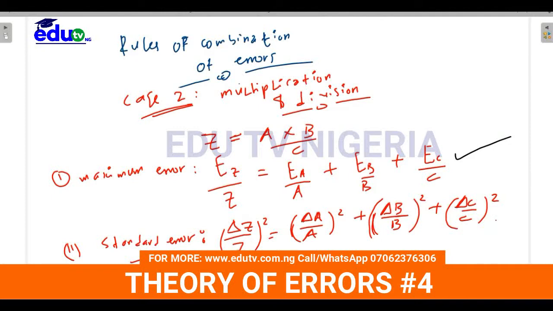That's just it. Just take the root sum of squares. Now for case 1, addition and subtraction, you just add for maximum error. For standard error, you take the root sum of squares. You're not taking any denominator for addition and subtraction, except when you're given multiplication and division. You just follow these formulas and blast it.